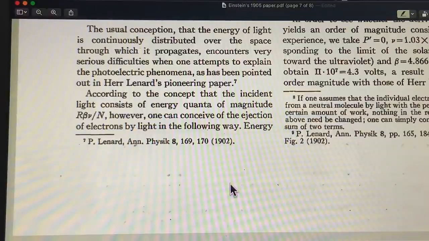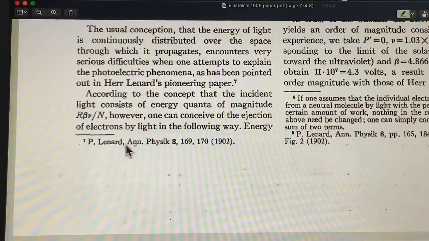So he talks of this Lenard paper. The reference is given here, 1902, and that's the only paper that he refers to. So the photoelectric effect just comes as an example.